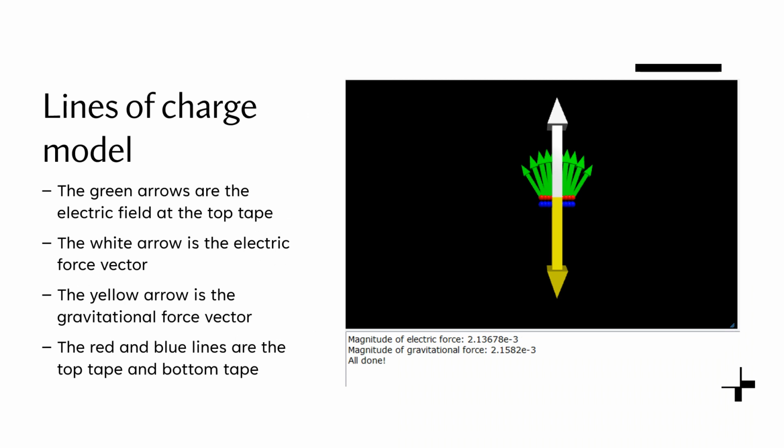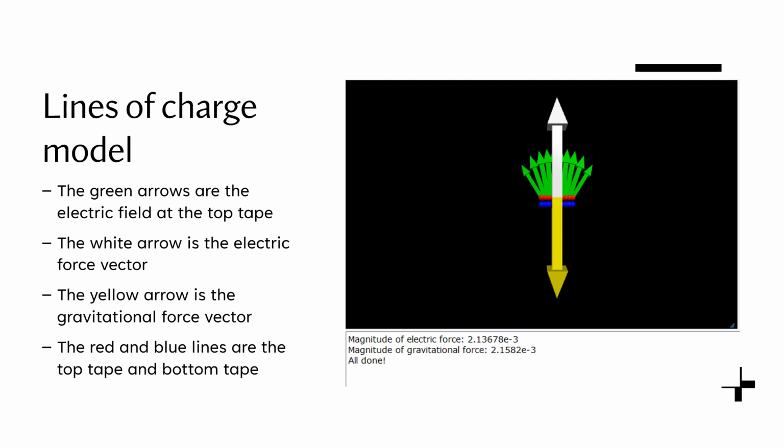So this is the model that we create using Python. Note that the green arrows and the white and yellow arrows have two very different scalars, so don't pay attention to the relative size between the yellow and white arrows and the green arrows.